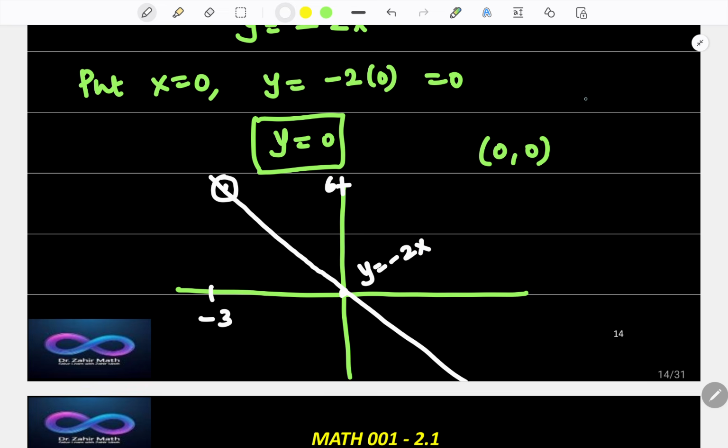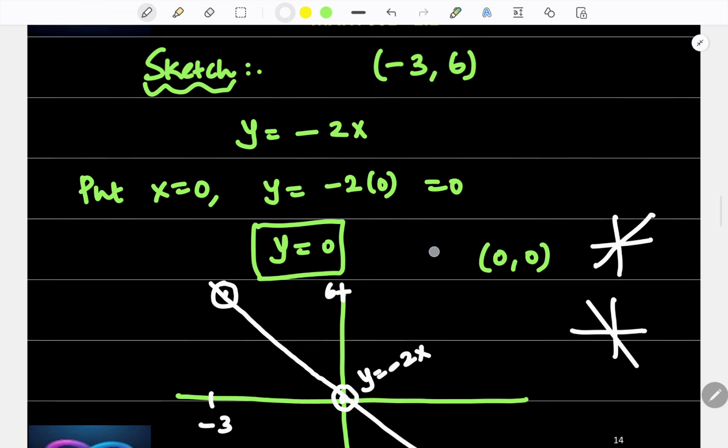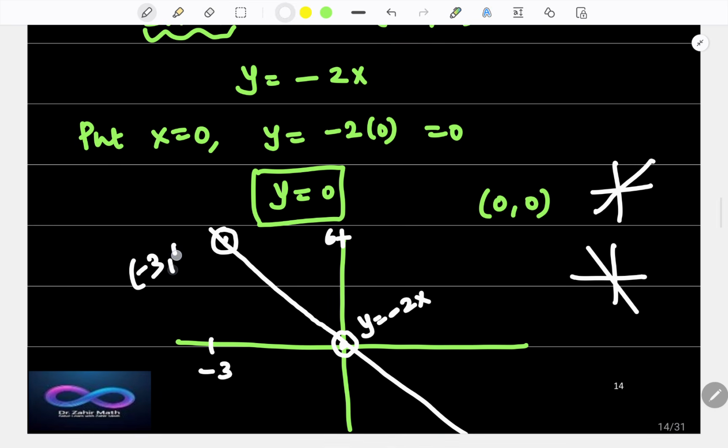I told you, remember, if you have a positive slope, the line will go like this. If you have a negative slope, the line will go like this. Keep in your mind, this is negative slope, minus m. Can you see that? This point is minus 3 comma 6, and this point is 0 comma 0. So easy, right?